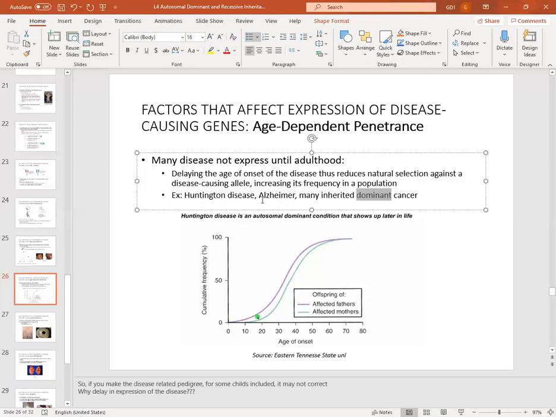He doesn't know, because at a young stage he gets married and has a baby. So that increases the frequency of the disease mutation in the population.